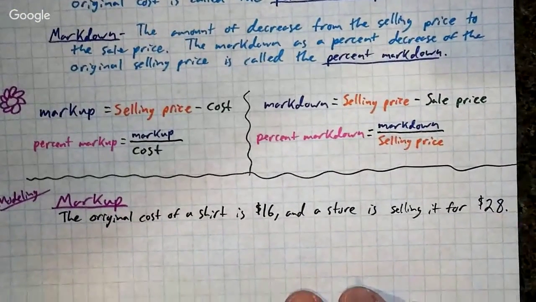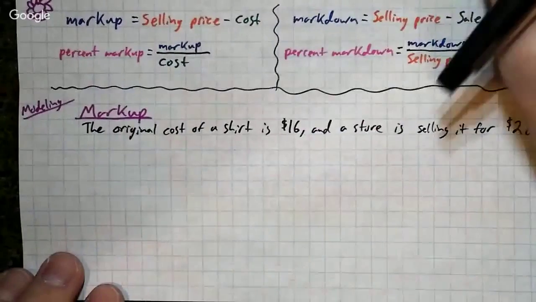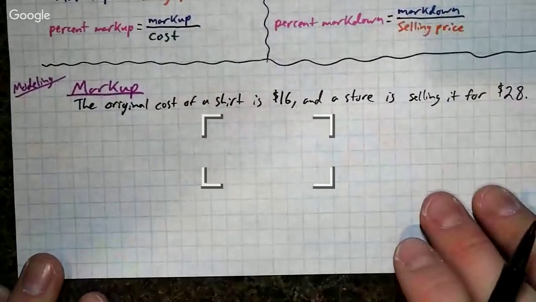So based on just that information, we're going to have enough to be able to find out what the markup is, what the percent markup is, what our selling price is.